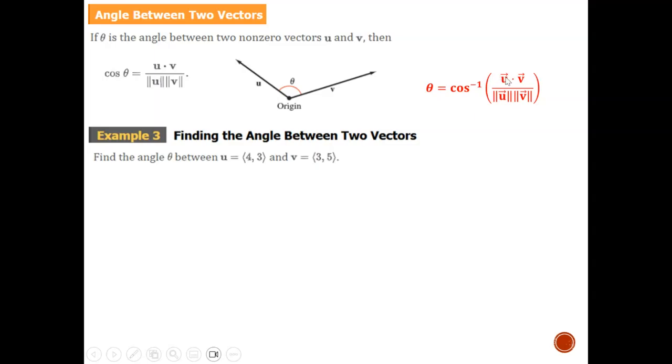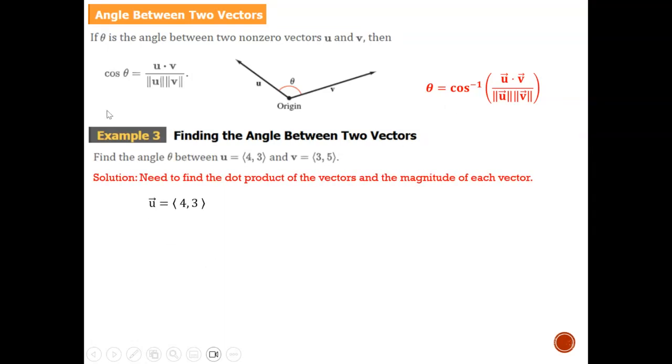Again, with an example, you can do it in 4 steps. The first step is finding the dot product. The second step, finding the magnitude of u. Third step, finding the magnitude of v. And the fourth step, put it all together. Here we go. First, I need to find the dot product of u and v. It says, find the angle theta between u, which is component 4, 3, and v, which is component 3, 5.